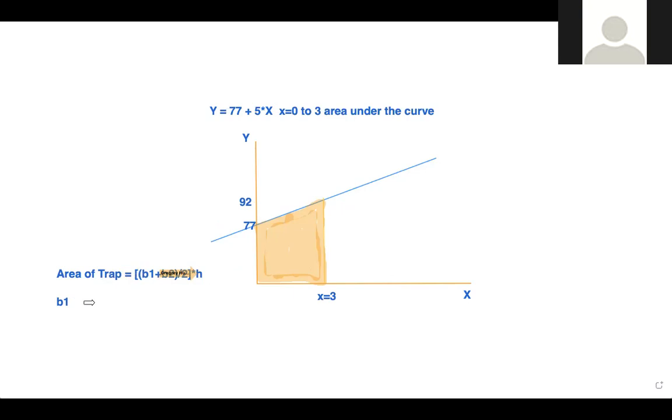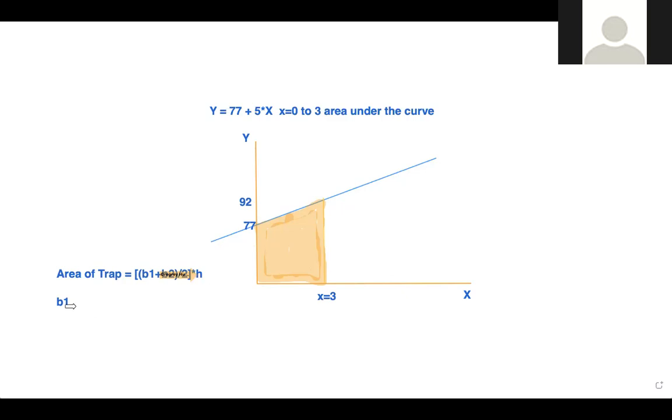Yeah, you have it written down. Yeah, but I'm asking you, we have to substitute in a value. B1 is equal to what? B2 is equal to what? And H is equal to something.